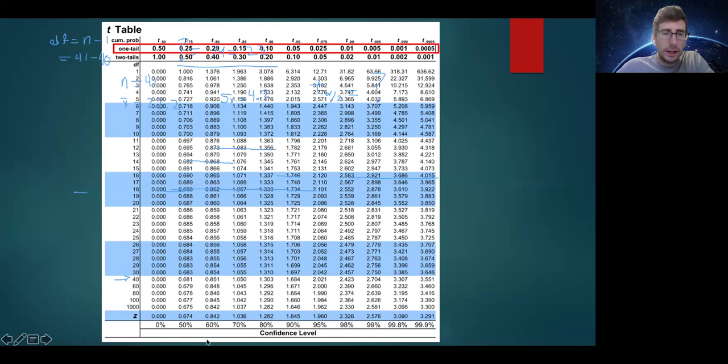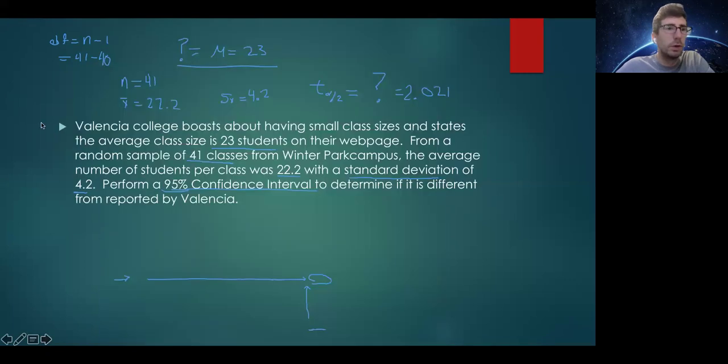We were looking for a 95% confidence interval, so if we go up and over to where these two meet, we can use this t-value of 2.021. I'll write it here, 2.021.